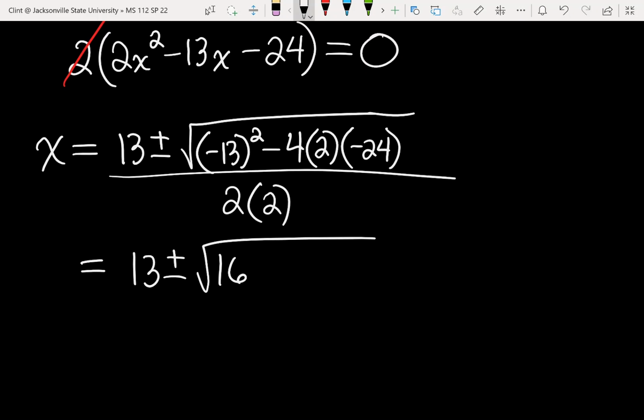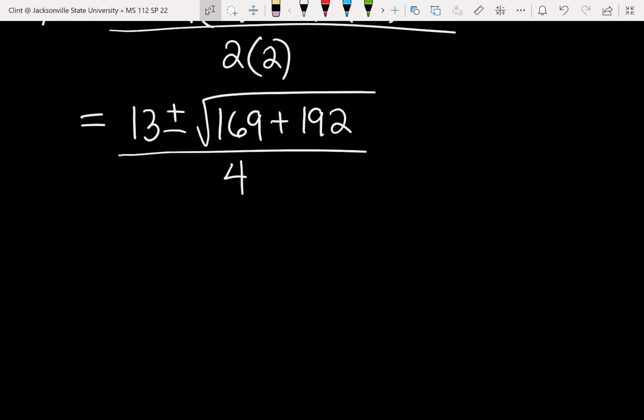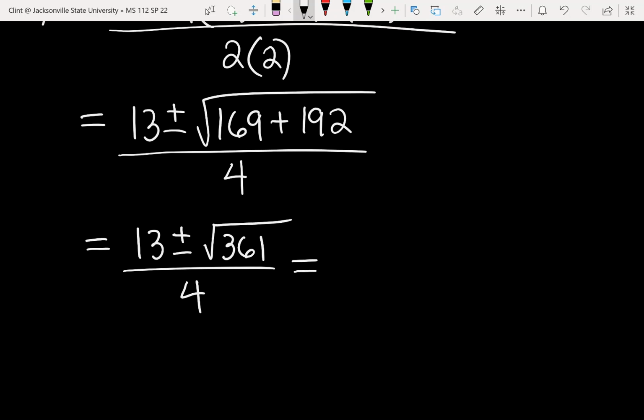So let's see, that's 169, and then 8 times 24, 192, and it's plus because we had 2 minuses there. And then 169 plus 192, 361. And luckily that's a perfect square. That's 13 plus or minus 19 over 4.